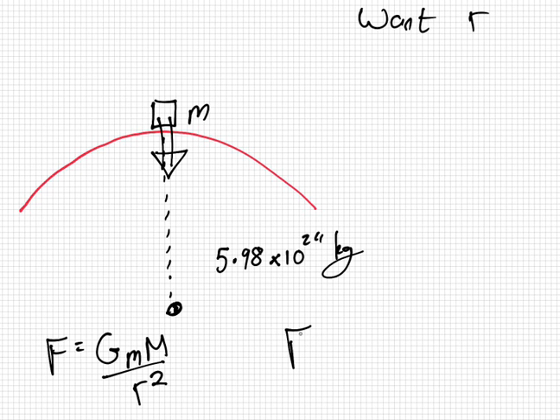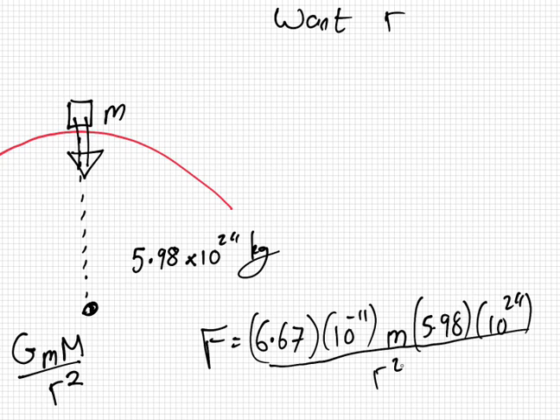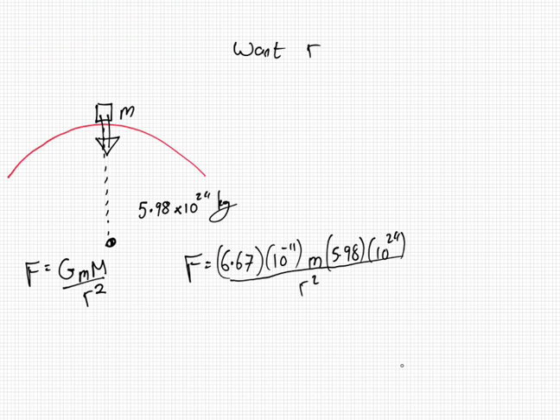So you have F equals 6.67 times 10 to the minus 11 times m times 5.98 times 10 to the 24 all over r squared. Can somebody please multiply those numbers together?